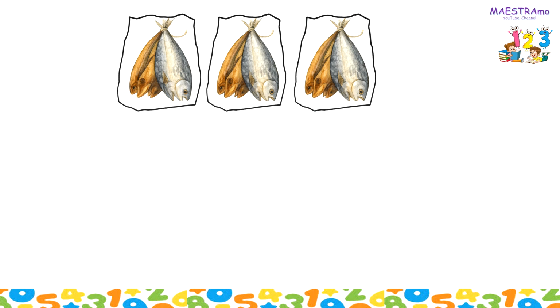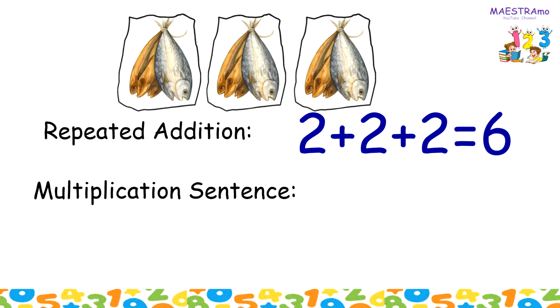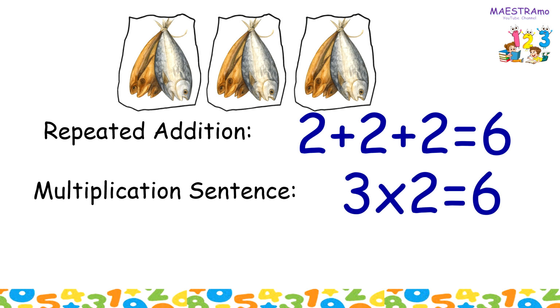In this illustration, the repeated addition is 2 plus 2 plus 2 equals 6. The multiplication sentence is 3 times 2 equals 6.